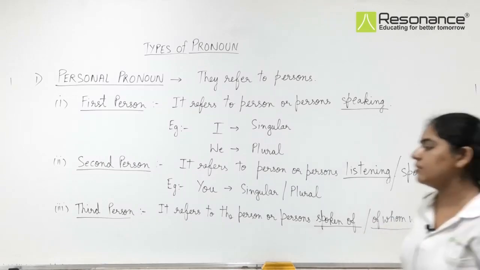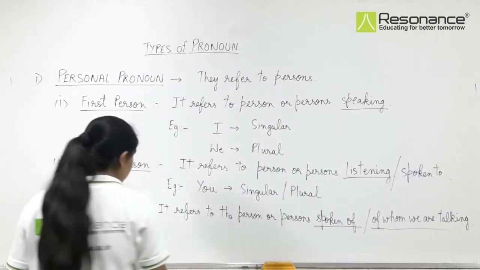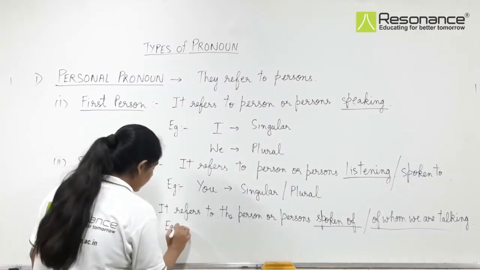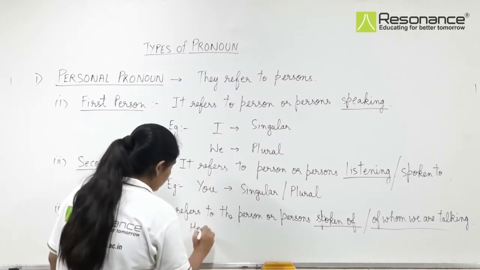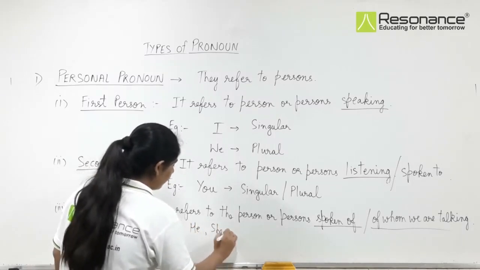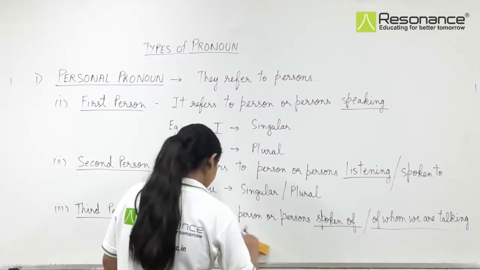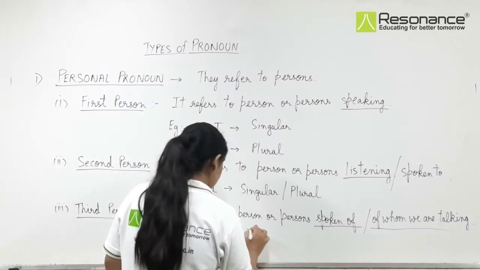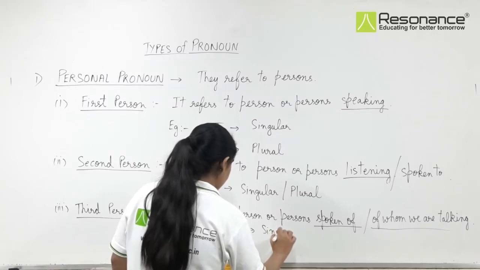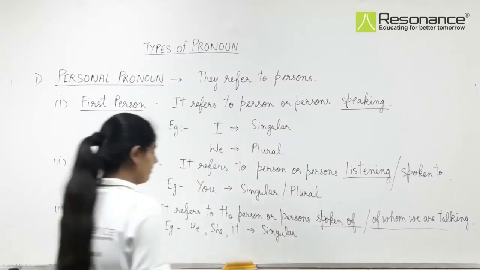So I hope you have understood all the three cases of personal pronouns. So let me tell you the examples over here. If we talk about he, she and it, these are used for singular third person, fine.